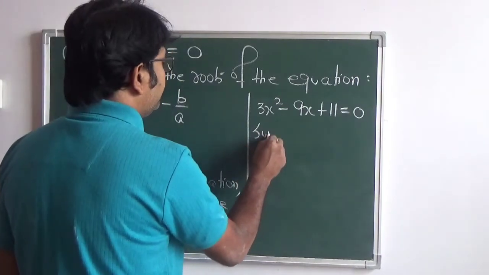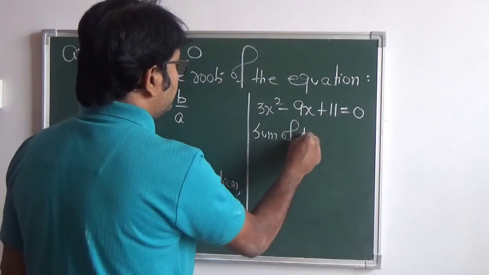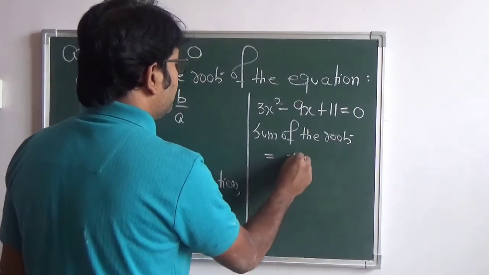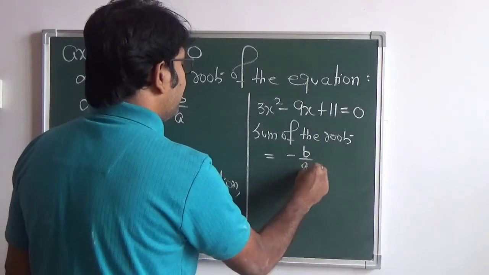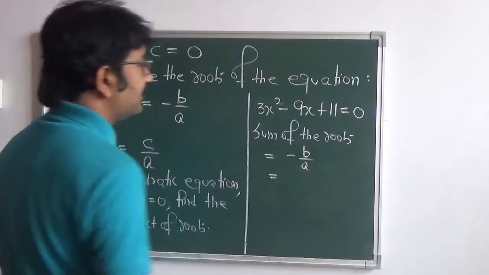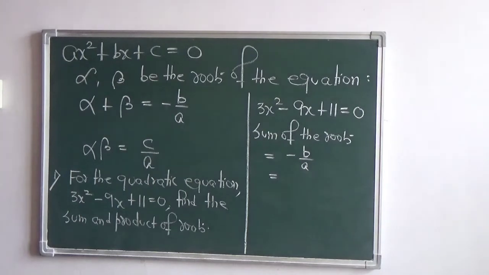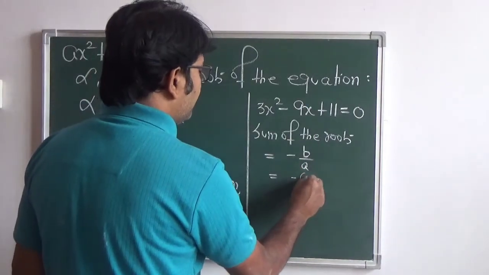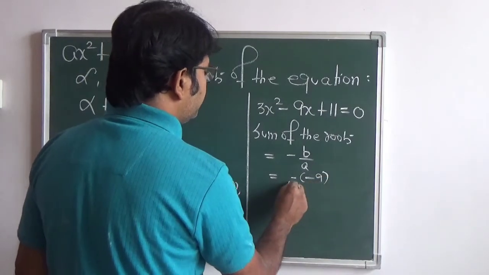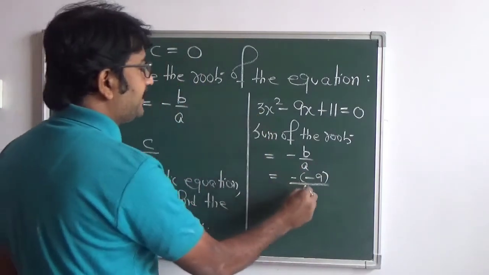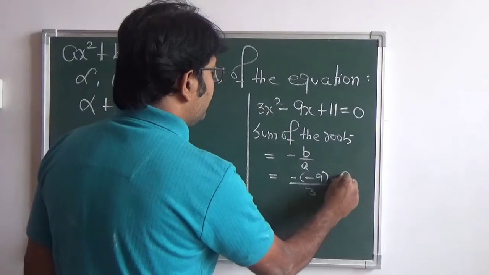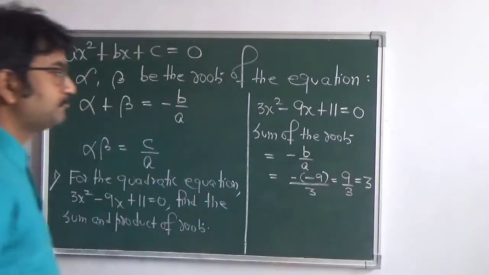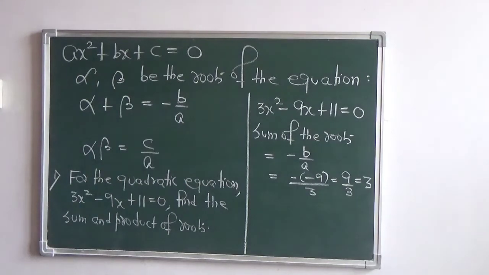So sum of the roots is equals to minus of B by A. And what is B here? B is minus 9, so minus of minus 9 divided by A is 3. So it is coming to 9 by 3 and that is equals to 3. So sum of the roots is 3.